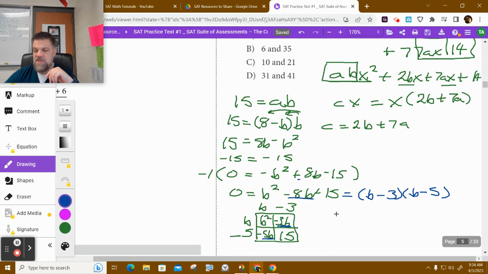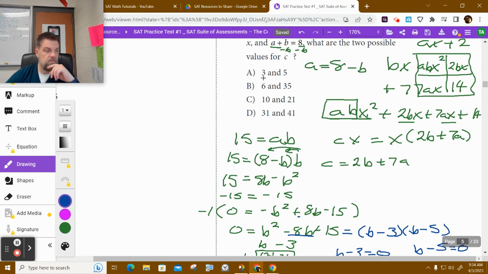So the next step is to set both of those equal to 0. b minus 3 equals 0, or if I add 3 to both sides, b equals 3, and then b minus 5 equals 0, or b equals positive 5.